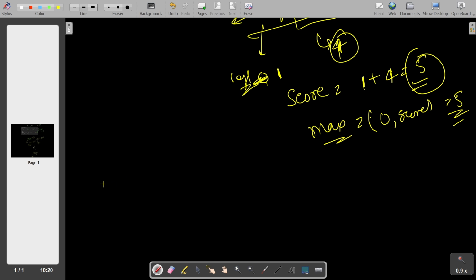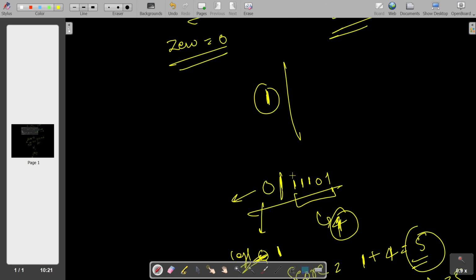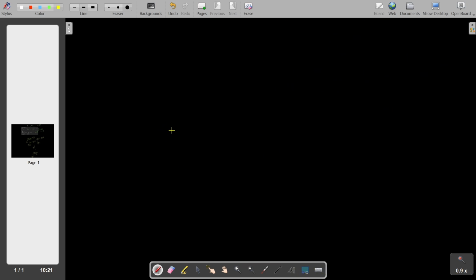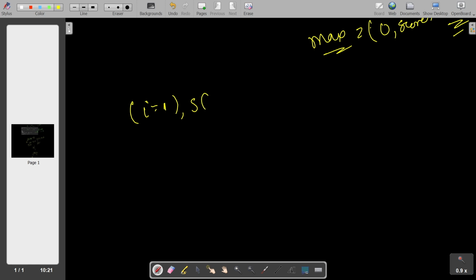In the next iteration, we calculate the next split. Now i is equal to 1 and s of 1 is equal to 1.